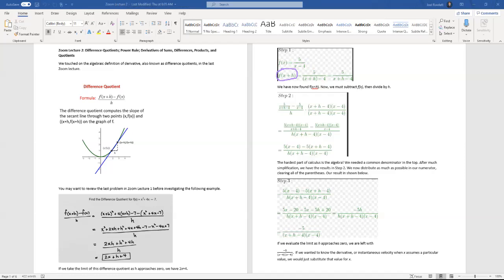So what they did was they rewrote the function, and in place of x here, they just substituted in x plus h. And of course, they have the minus 4 because that's in the original function. And in this step here, they just cleared out the parentheses, and that gave us 5 divided by x plus h minus 4. So that would be f of x plus h.